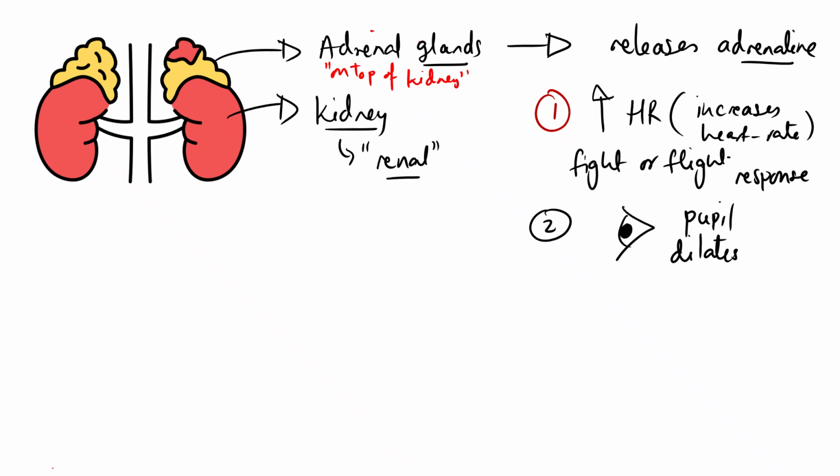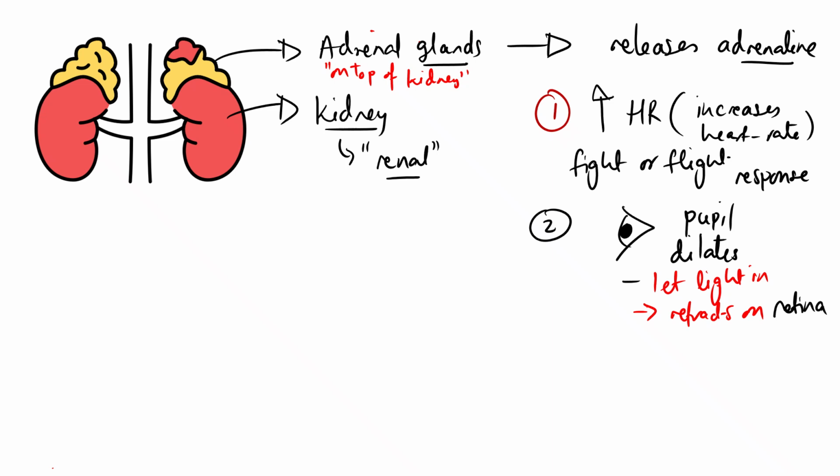And that's significant because it lets light in, so you can assess the danger. And light can refract on the back of the eye. Does anyone know what the back of the eye is called? Like a laptop screen, 13-inch, 14-inch, exactly, the retina. So it refracts it on the retina.